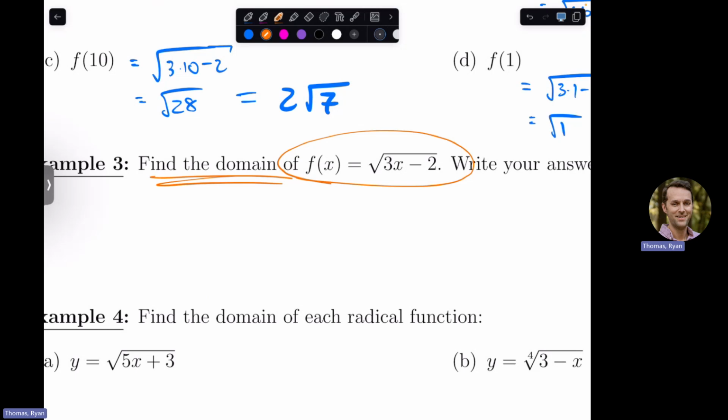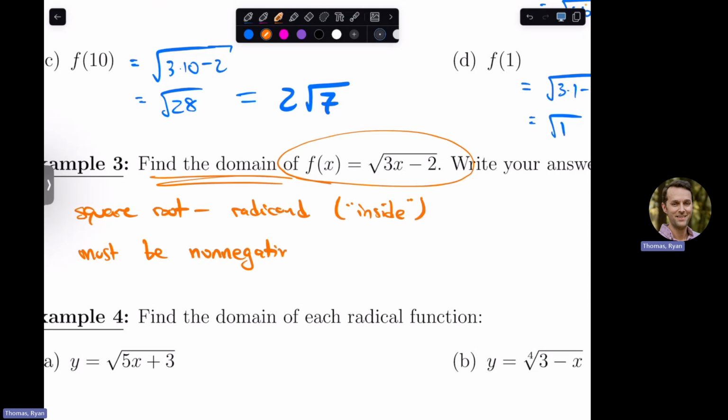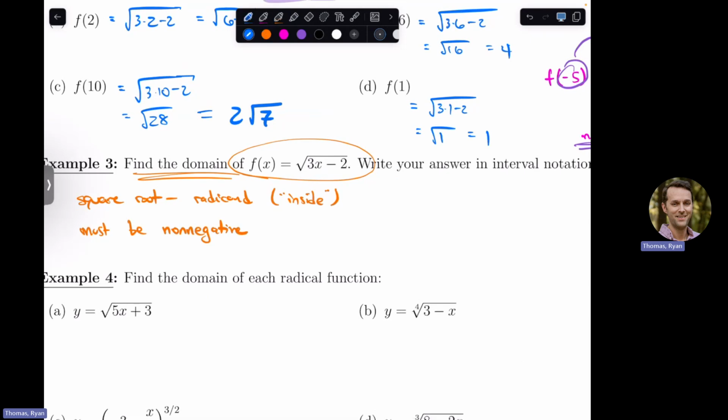Okay, so because this is a square root, the radicand, that's the math word for the stuff inside, must be non-negative. Got to be positive or else 0, right? 0 is okay, so it can be equal to 0 or positive. Can't take the square root of a negative number. That means we need to avoid the radicand being negative.